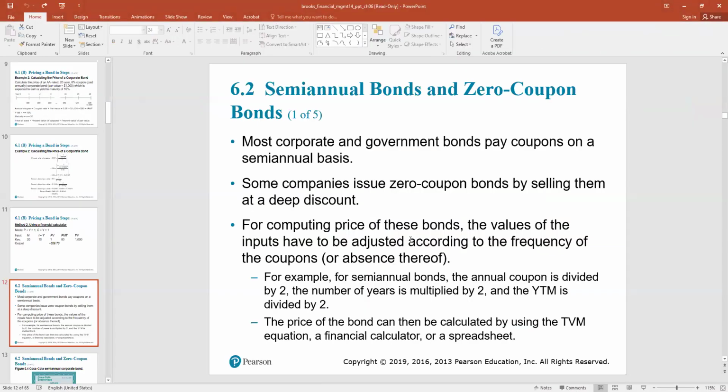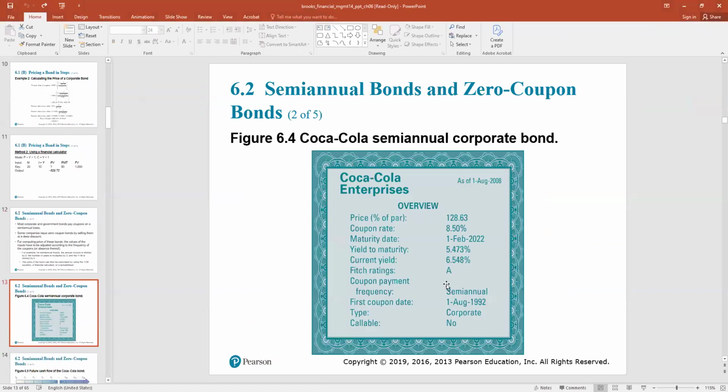Now, for computing the price of these bonds, the bond value inputs have to be adjusted according to frequency, so we will adjust them. So, Coca-Cola semi-annual corporate bonds, the quoted price you see here is 128.63. So what should be the price in here? How can you calculate the price? Yeah, 128%, you multiply by 1,000.